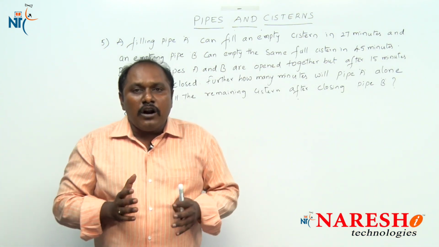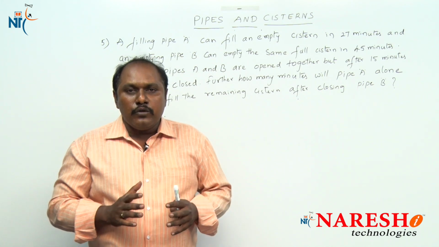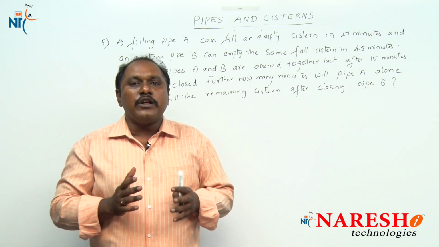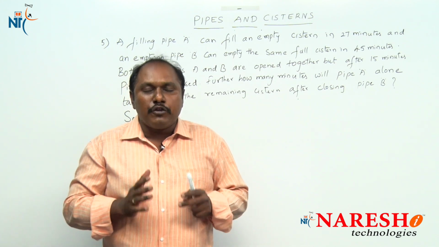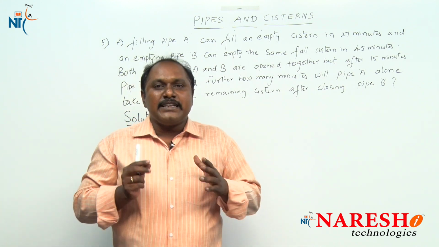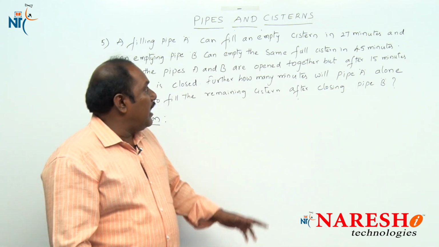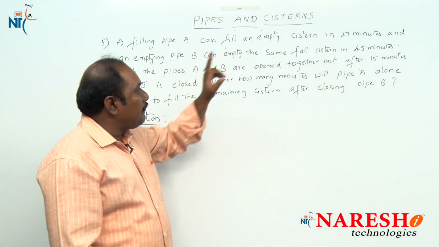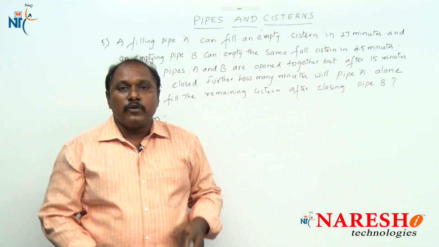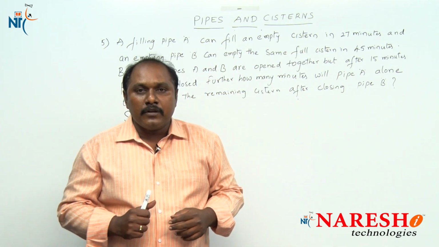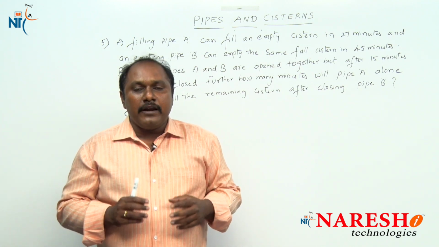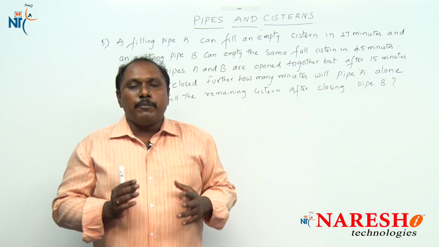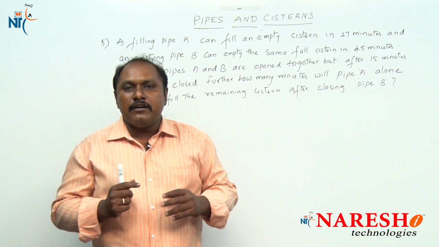In this alternate method, as I told you, we are going to assume the total capacity of the tank, and that total capacity of the tank should be a number which is exactly divisible by 27 and 45. When I say exactly divisible by 27 and 45, that number should be a common multiple of 27 and 45.